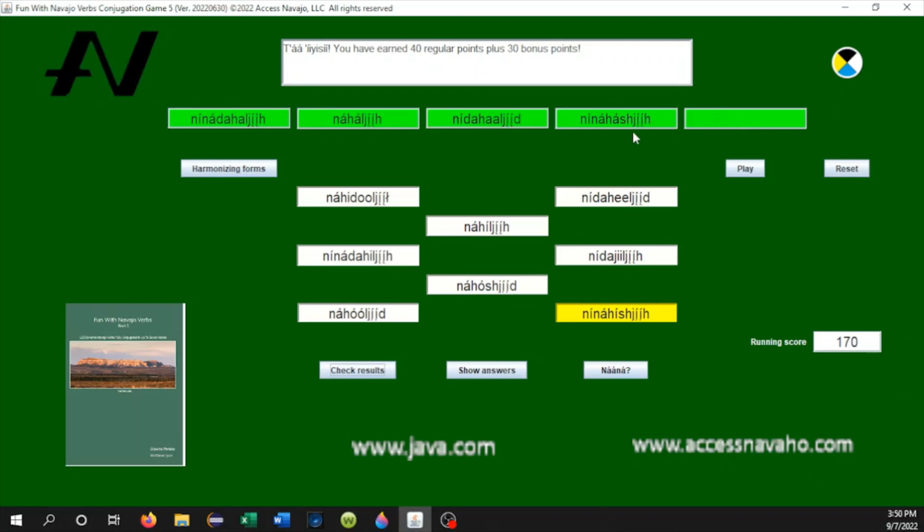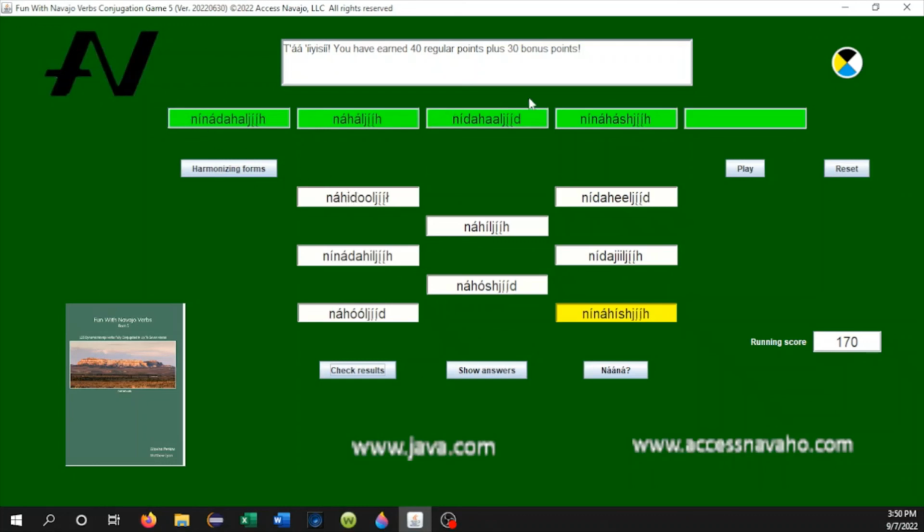You can go through here and learn about which forms are likely to harmonize and which are not, and you can pick out from among a whole group of verbs that use seriative H prefix forms, those that are likely to harmonize. It's really good practice for that, and it also allows you to begin to understand which forms are likely harmonized when you're listening to other people talk.